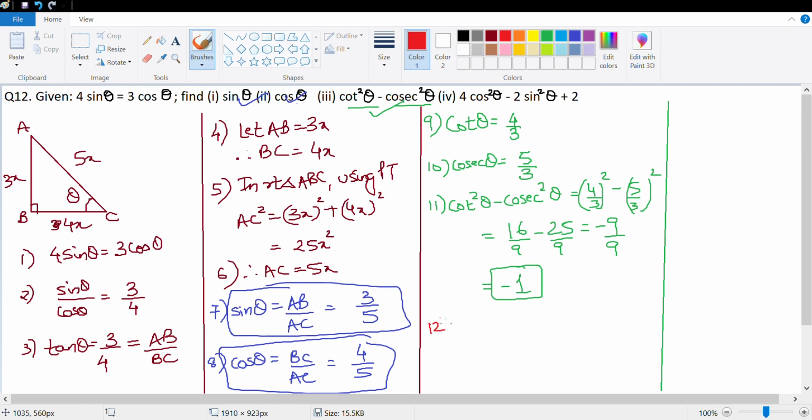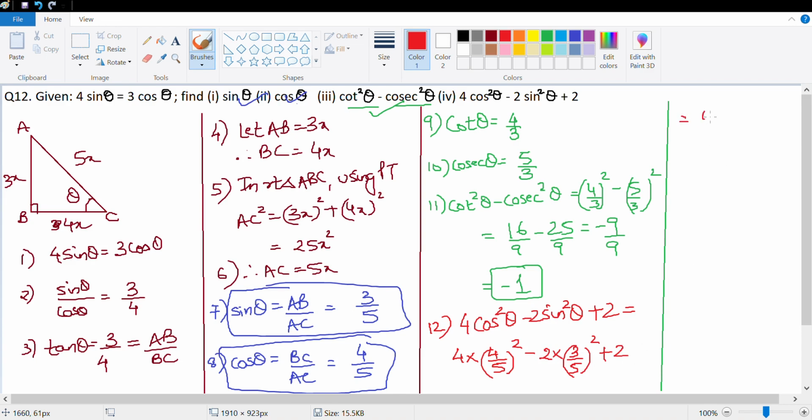Last part of the question says 4 cos square theta minus 2 sin square theta plus 2. So 4 cos square theta minus 2 sin square theta plus 2 would be equal to 4 multiplied with cos theta, which is 4 upon 5 whole square, minus 2 sin square theta, 2 multiplied by sin theta, that 3 upon 5 whole square, plus 2.